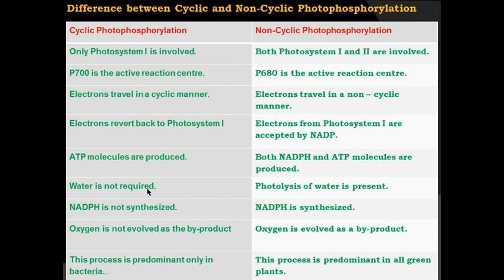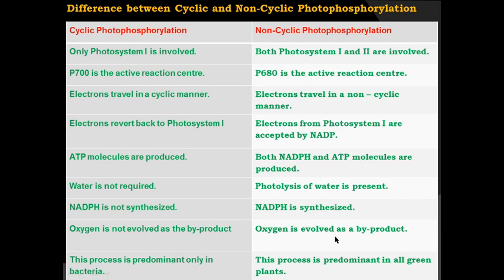Water is not required in cyclic photophosphorylation. Photolysis of water, or breakdown of water molecules, is required in non-cyclic photophosphorylation. NADPH is not synthesized in cyclic photophosphorylation. NADPH is synthesized during non-cyclic photophosphorylation. Oxygen is not evolved as a byproduct because the water molecule is not broken down during cyclic photophosphorylation.